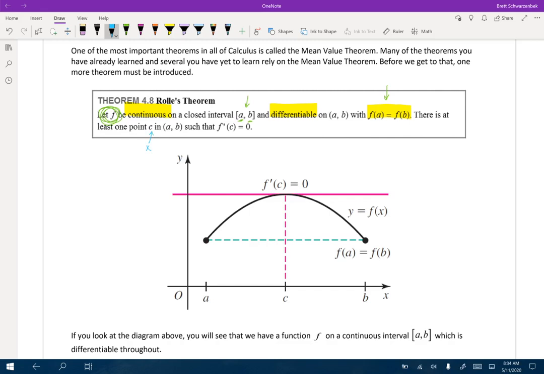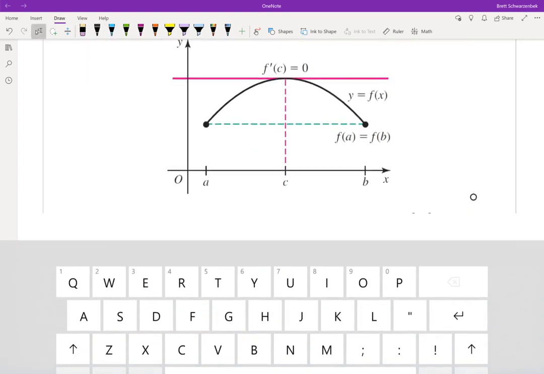There's at least one point in the open interval (a, b), so we're not going to include the endpoints when making this decision. There's at least one point such that the derivative, when you sub in that value of x, is going to be 0.